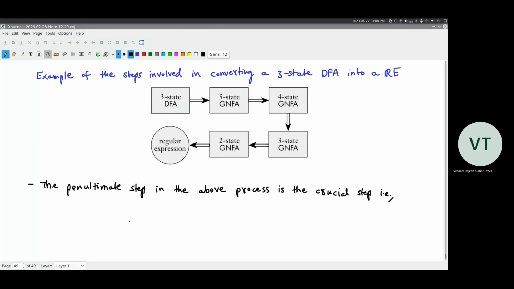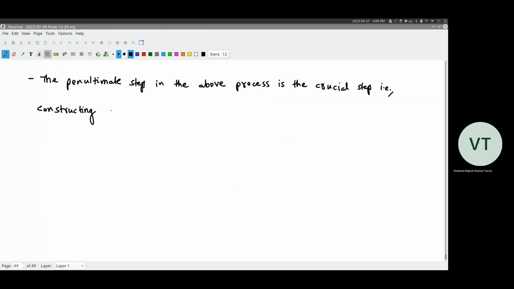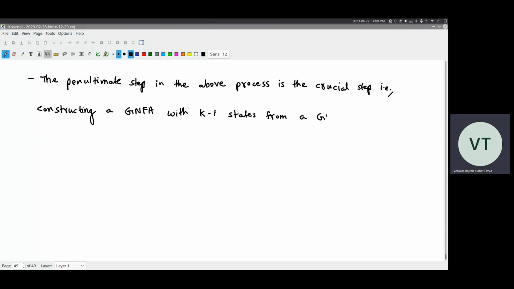That is, constructing a GNFA with k minus 1 states from a GNFA with k states.